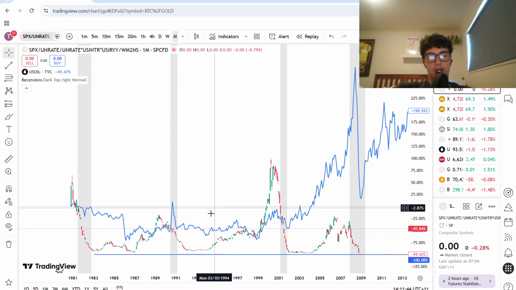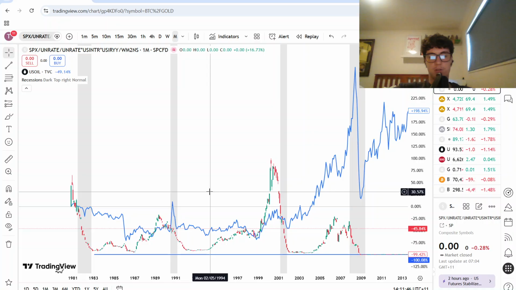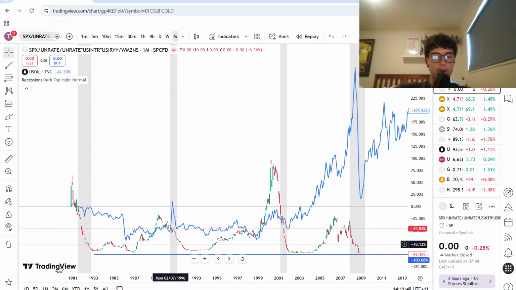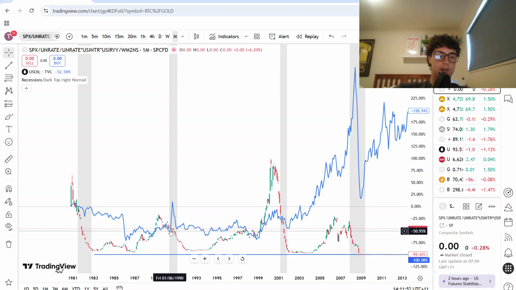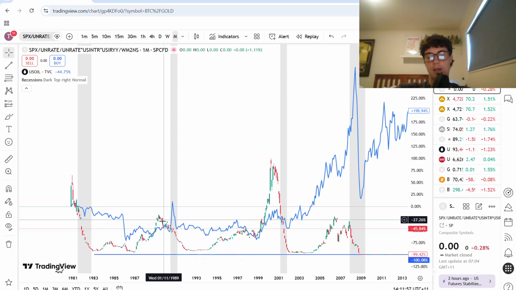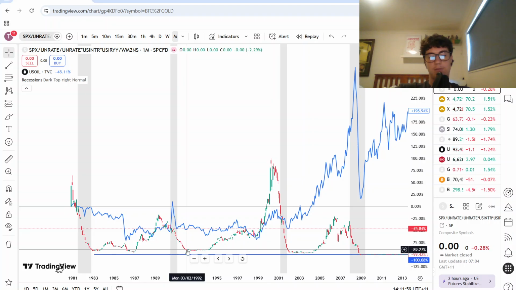Now what we can see here, we'll go through each recession. In 1990, we have a big spike of oil, and this big oil spike marks the beginning of the recession. Not only that, we can see that the chart is falling down as we come to the end of the business cycle.